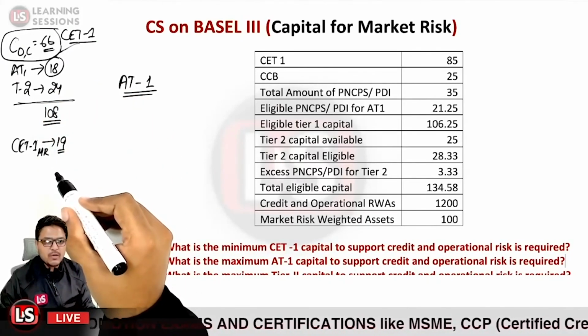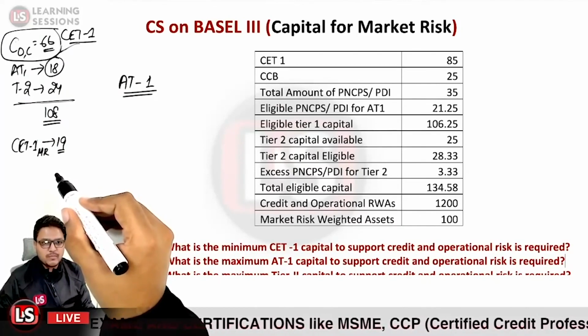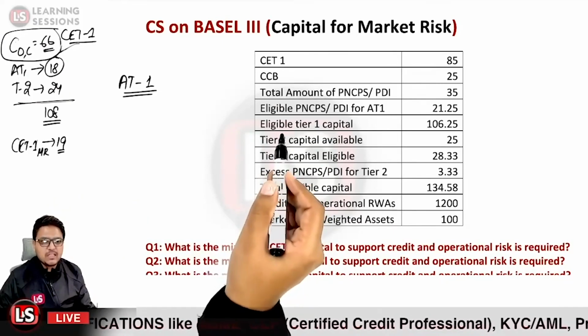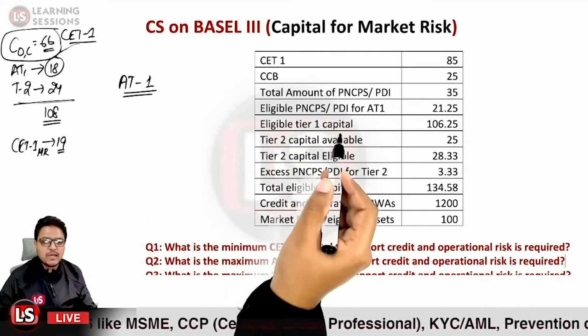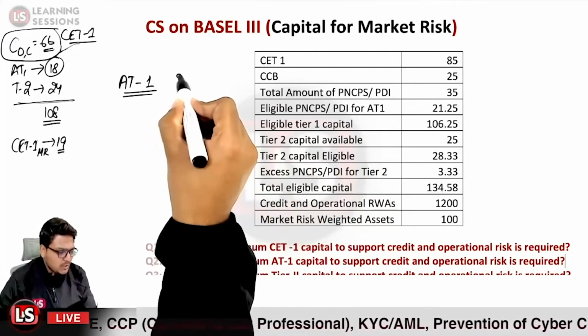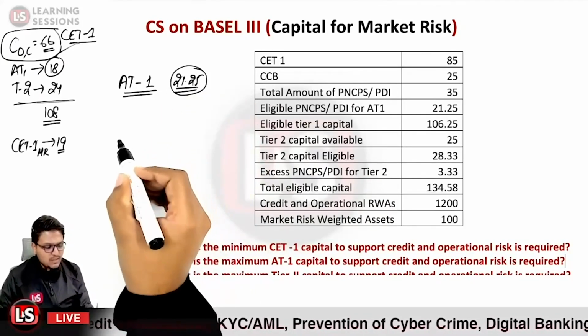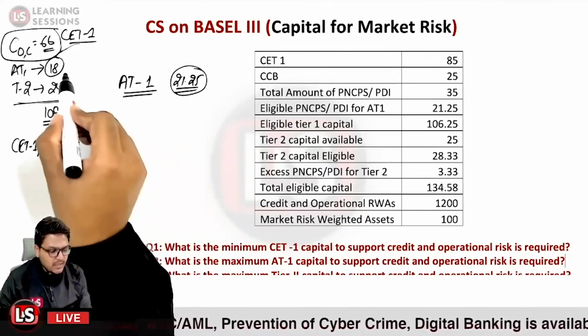We have already calculated it to be 18 over here. And the eligible PNCPS and PDI for the additional tier 1 given are 21.25. And out of these, the maintained are already 18.